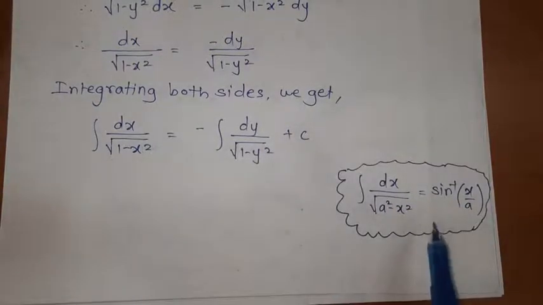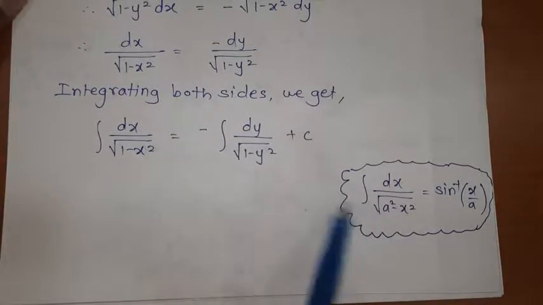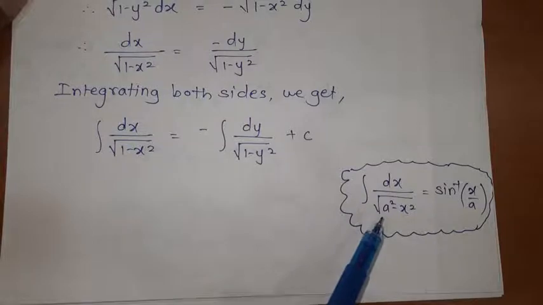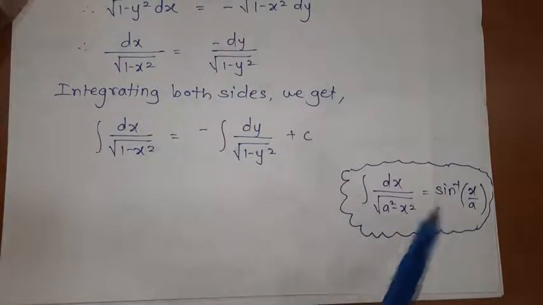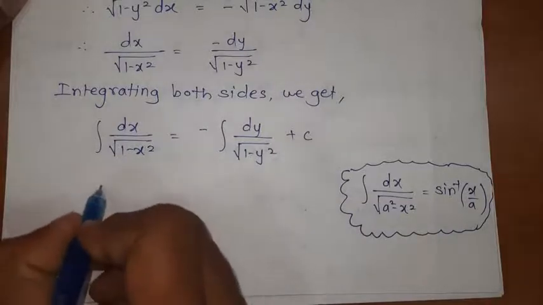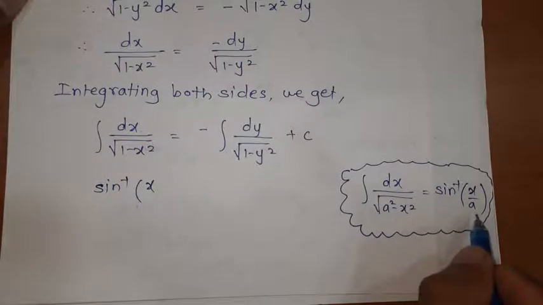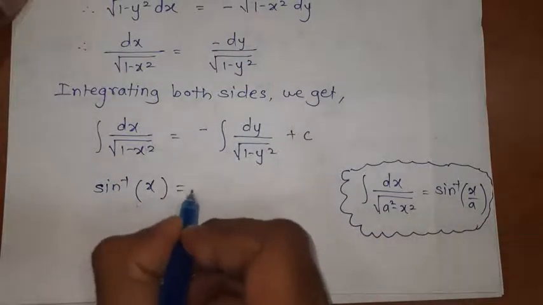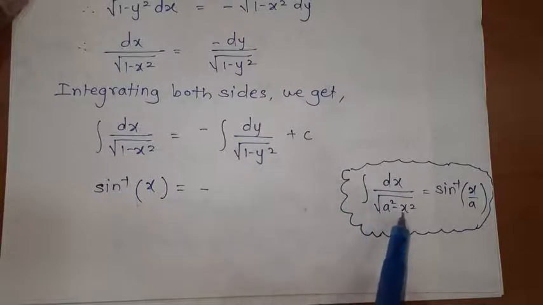See, we can use this formula to solve both integrations. If you think about this integration, the same formula we have. Instead of a, we have 1, so here also I can put a is equal to 1. And what will be, this is sine inverse x by 1, that means x only. So minus, here also we can use the same formula, right?